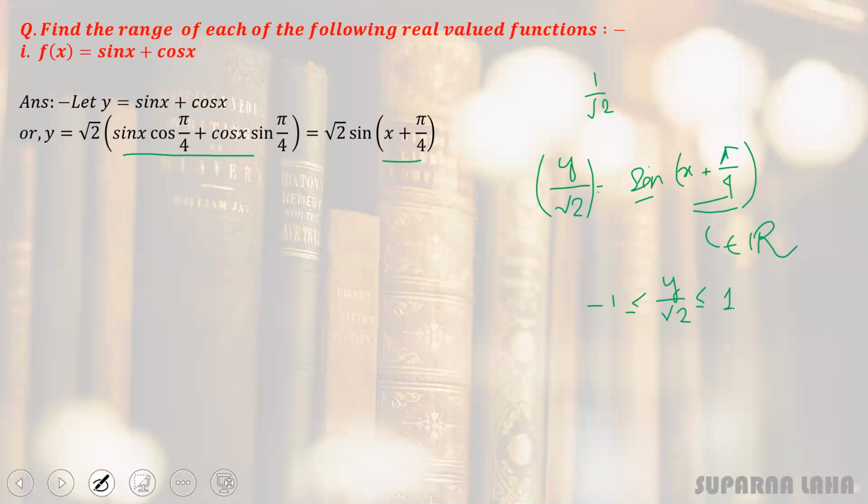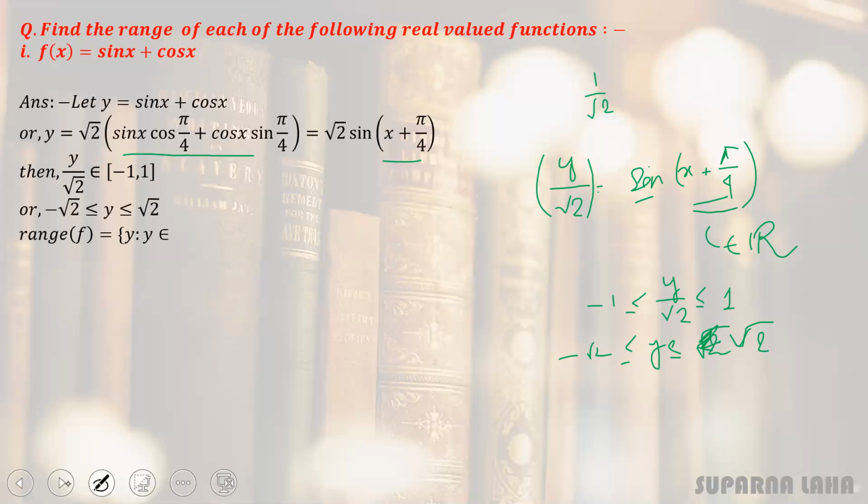If we check the graph you can say that, and if we go through the definition of the function you can also say that. So y belongs to where? Minus root 2 to root 2, right? So the range of this function is: x belongs to R and y belongs to minus root 2 to root 2.